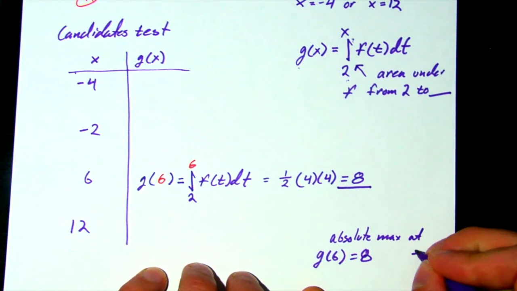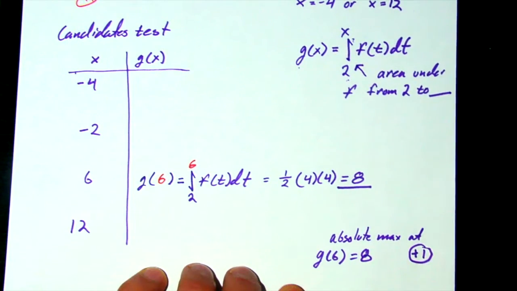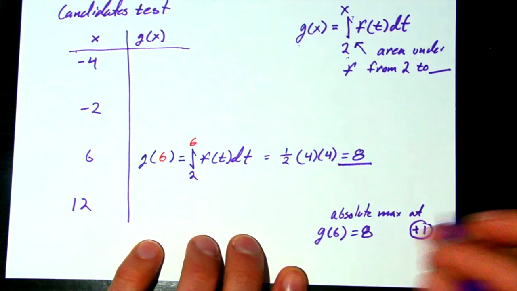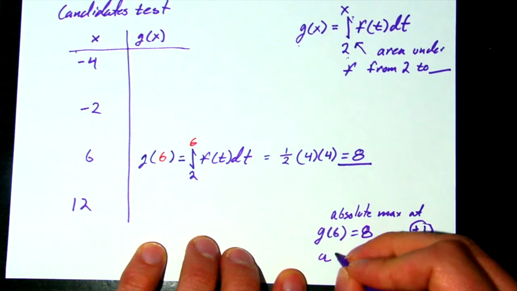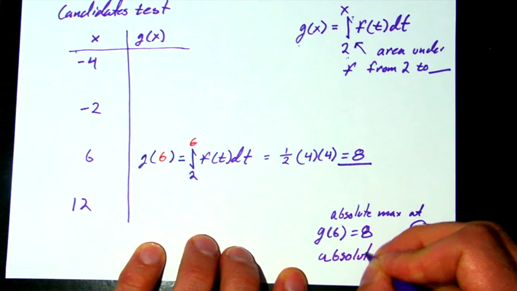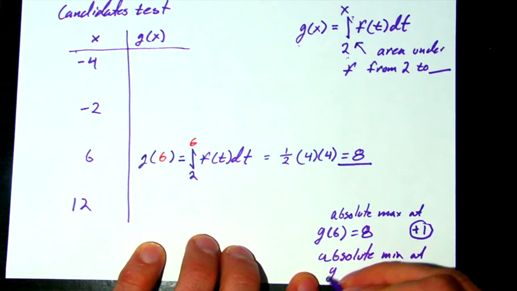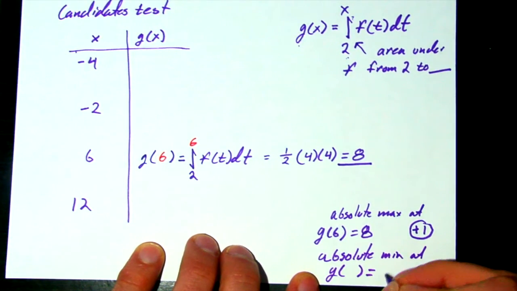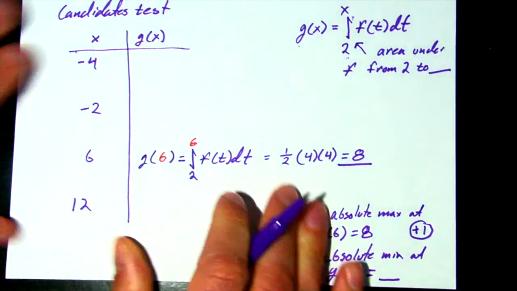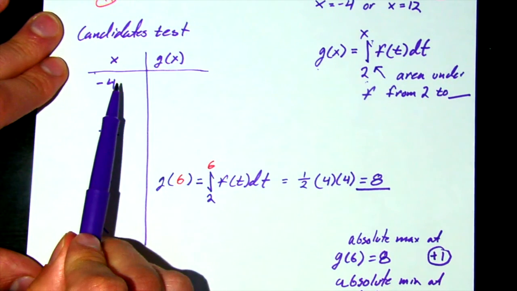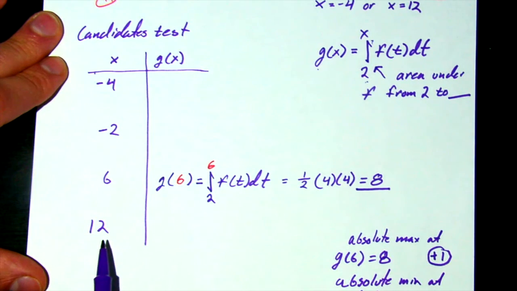And I would get +1 for the absolute max. For absolute min, that's the fourth point on this problem. It would be g of something equals something. I will let you guys plug in -4, -2, and 12 and figure out which one it is.